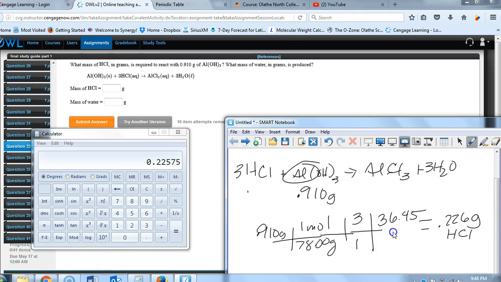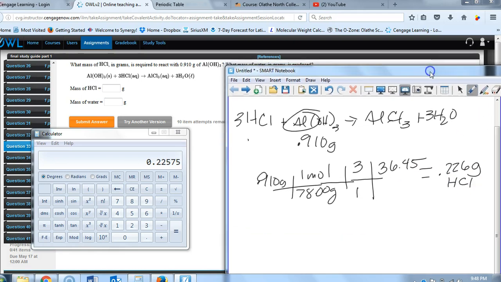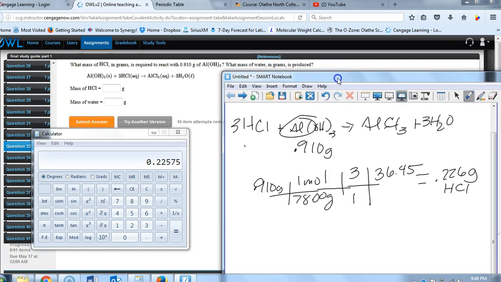Now the second part of this asks about how much water will be produced. So once again, starting with our aluminum hydroxide, 78 grams. This time our ratio is going to be 1 to 3. And we'll multiply by 18.02, which is the molar mass.